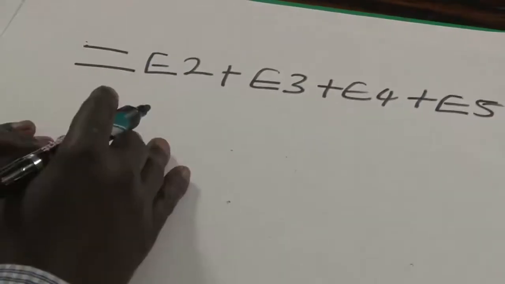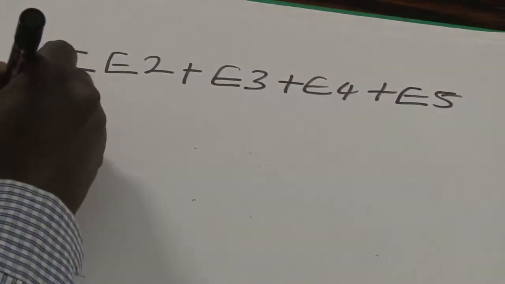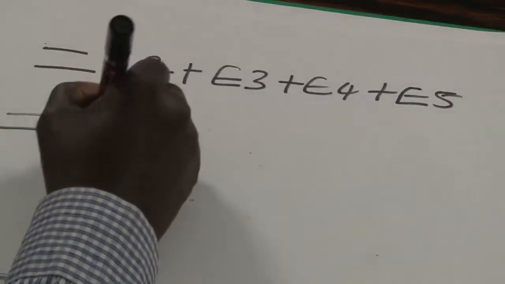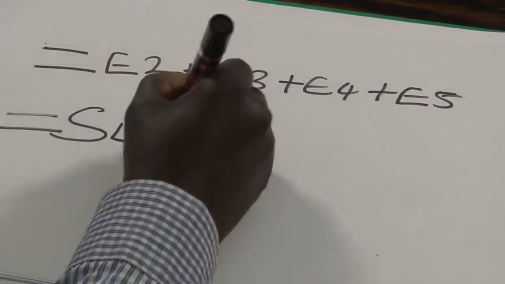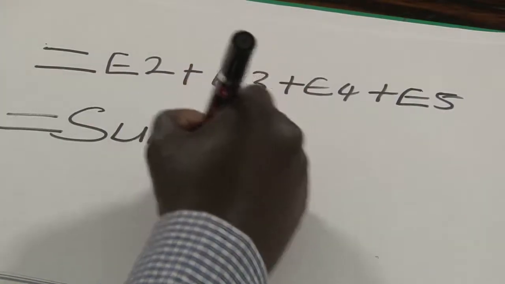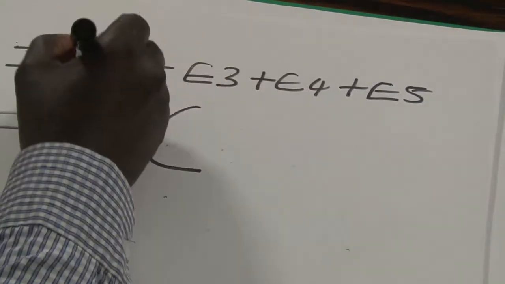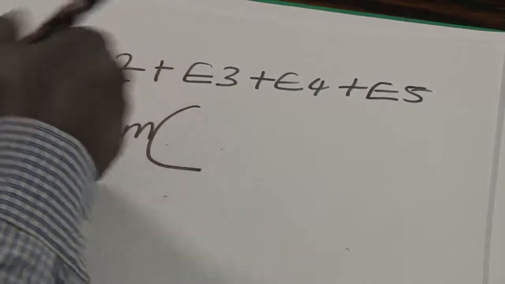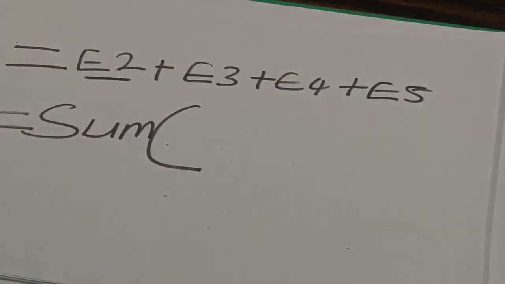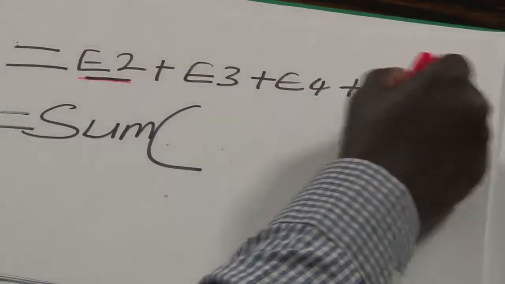So the second method I was trying to explain to you is I can say equal sum. You open a bracket. Take the first one and the last one.